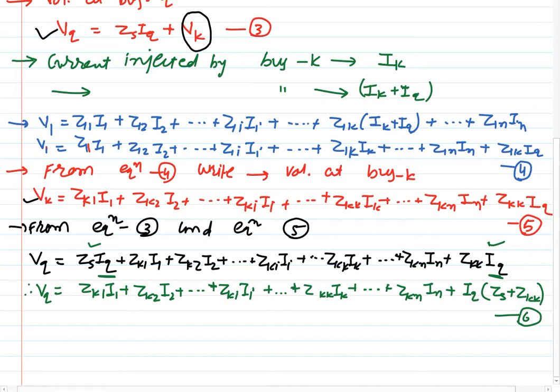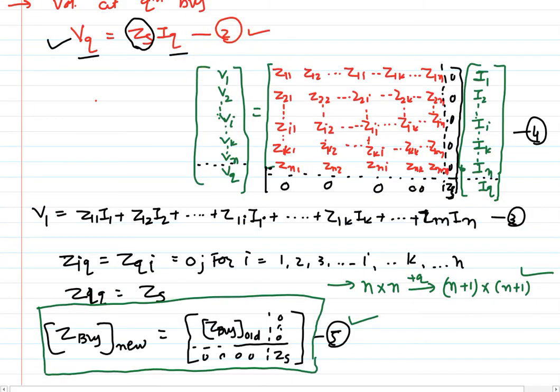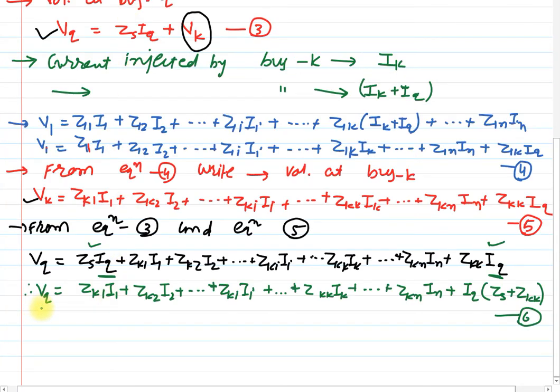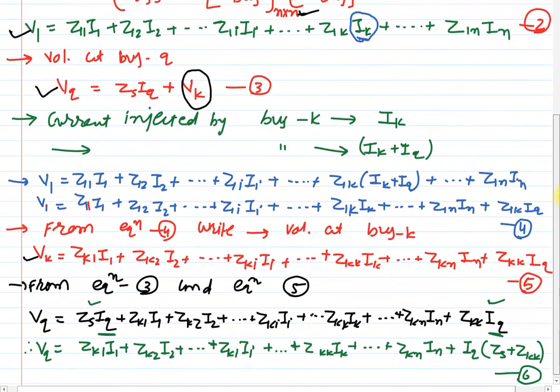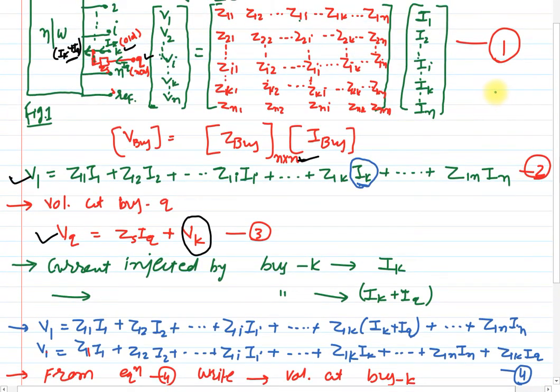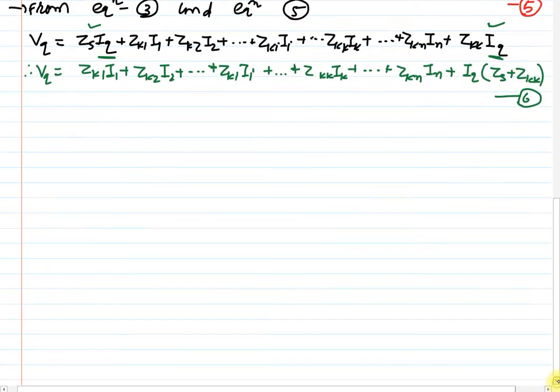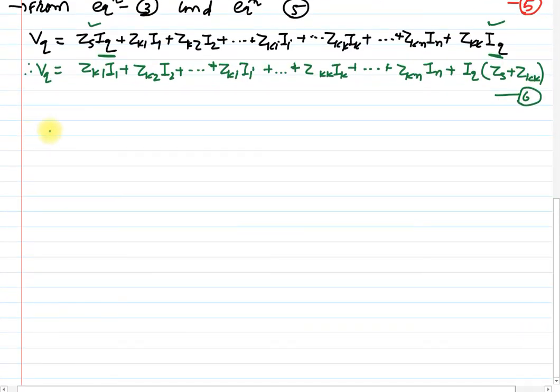Now, as we have considered this equation number 2 into the equation number 1, which is voltage matrix in our type 1 modification, same way, we need to consider the voltage at bus number Q into our final matrix, which is equation number 1. Okay, so let us write the voltage at bus number Q into our final equation in matrix form.